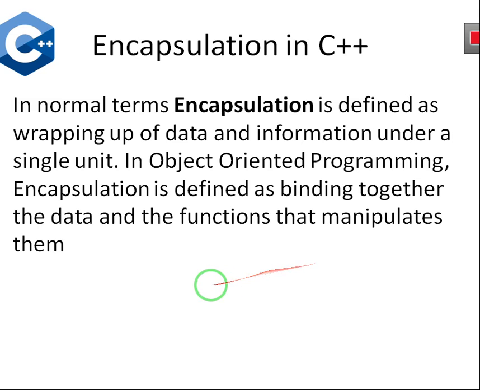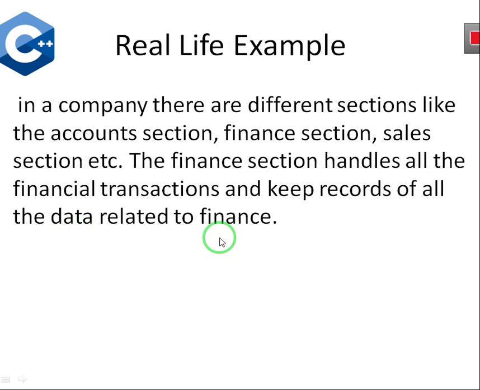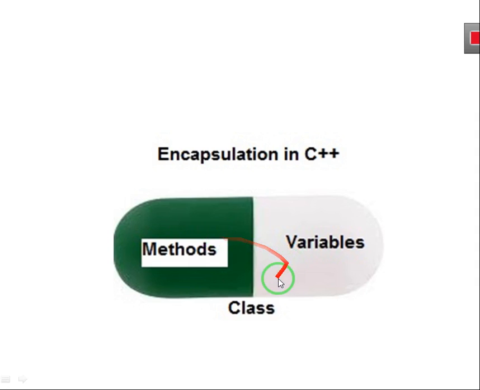As I told you, these are the data and the functions that manipulate them. We hide our data and functions in this capsule in the form of a class which has methods. Methods means functions, and variables means we store the data. I think the concept is now quite clear.